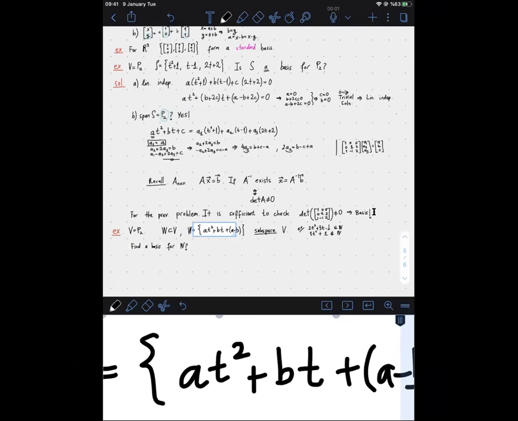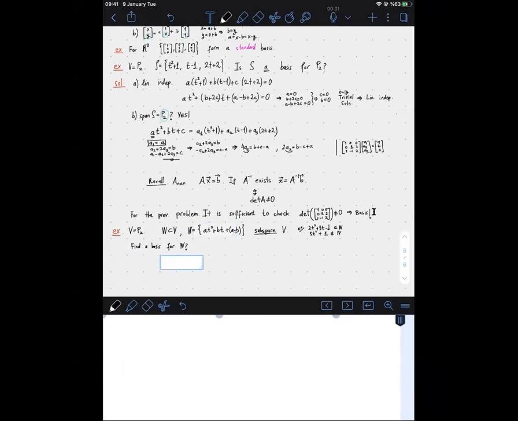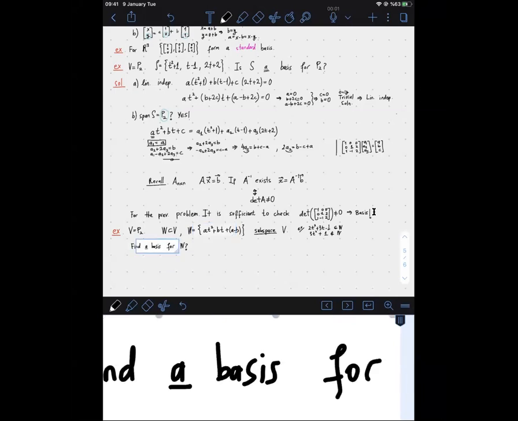Here it is important to say find a basis, because there will be different basis vectors. We can choose different basis vectors. In fact, there will be infinitely many different bases. We want to find just one of them. Any one of them is fine.